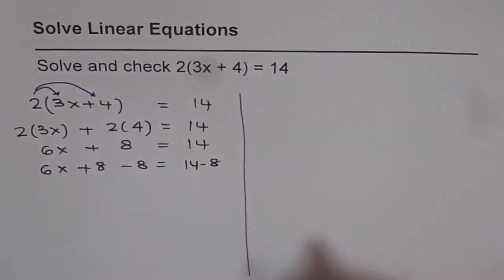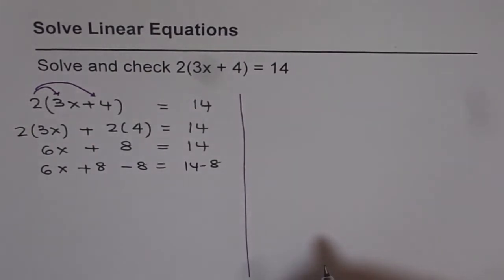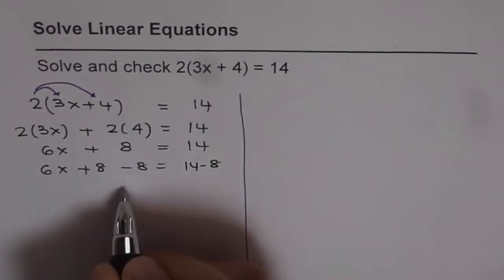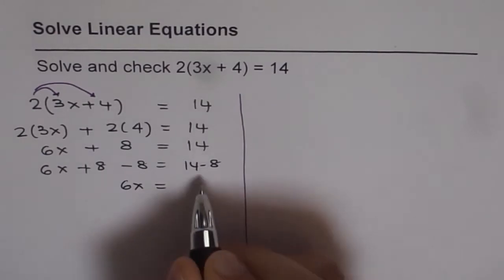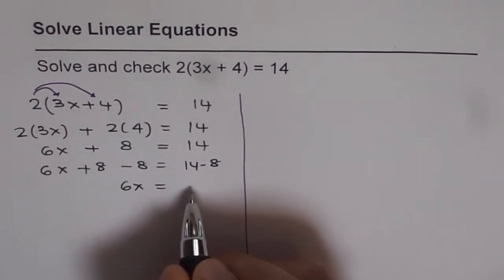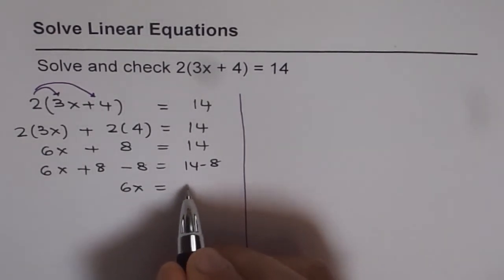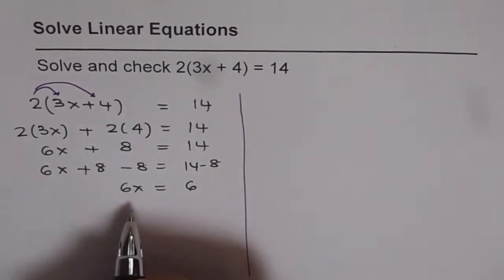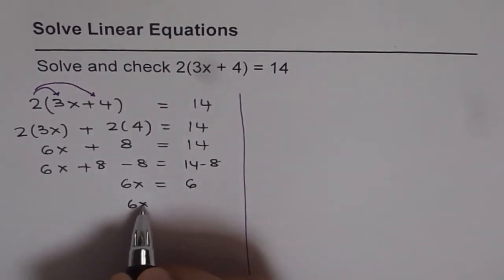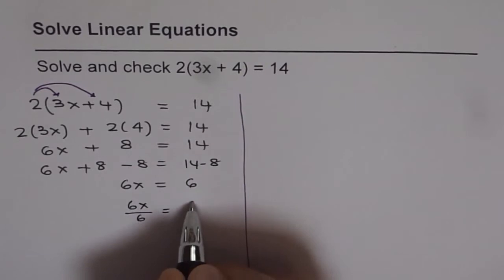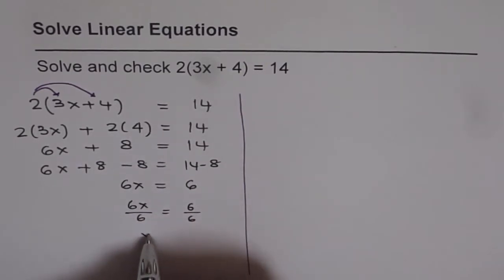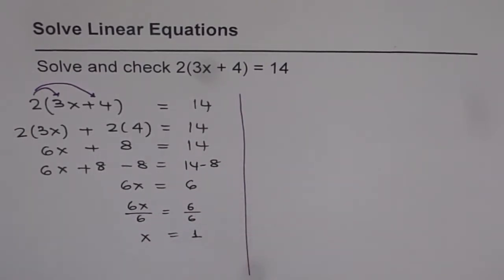If you do the same operation on both sides of the equality, it stays balanced. So we get 6x = 14 minus 8, which is 6. Now we can divide by 6 on both sides, and we get x = 1. So that is how we can solve it.